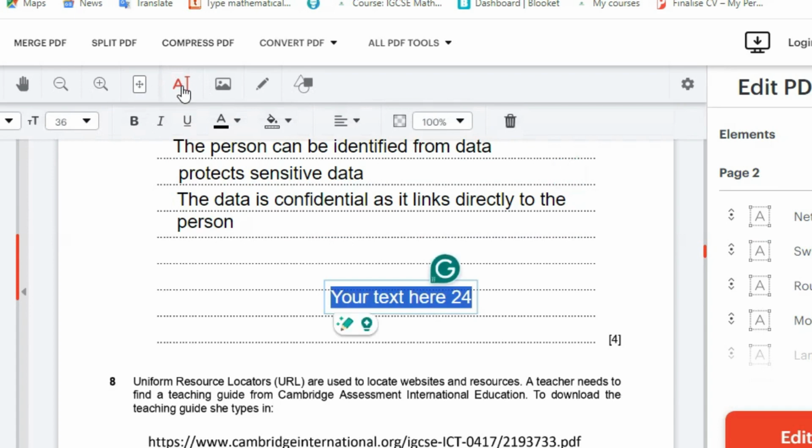Number four, if someone gets access to the data, then they can use the information to attack the person.